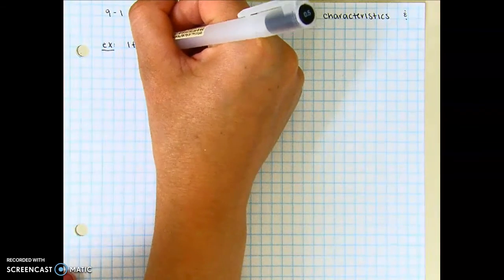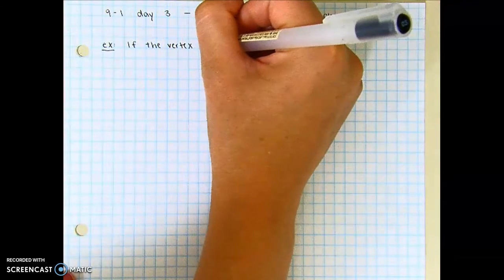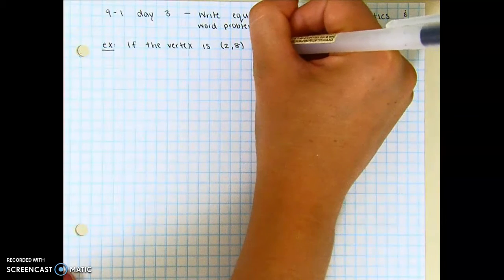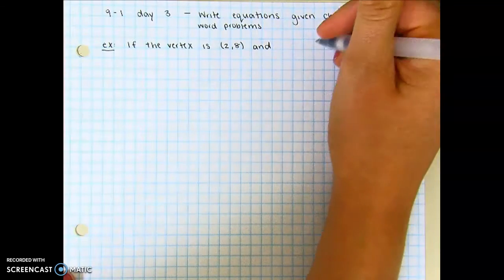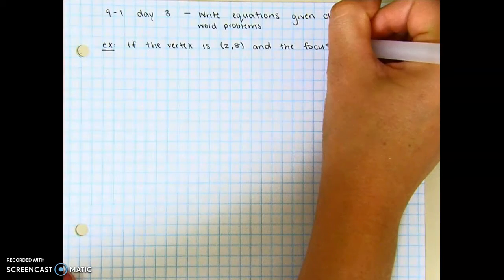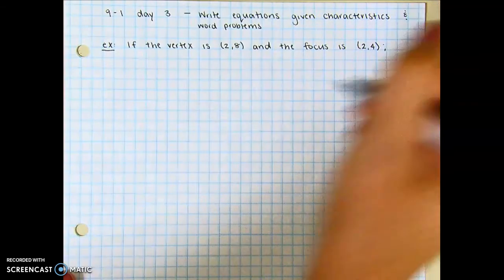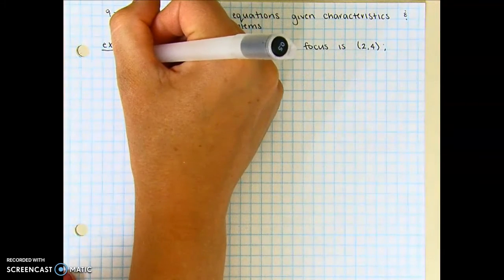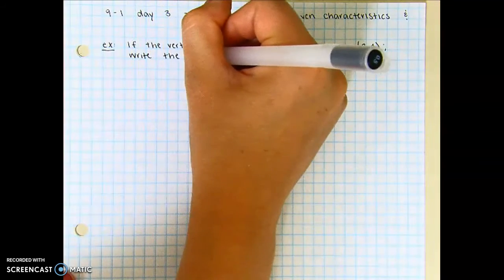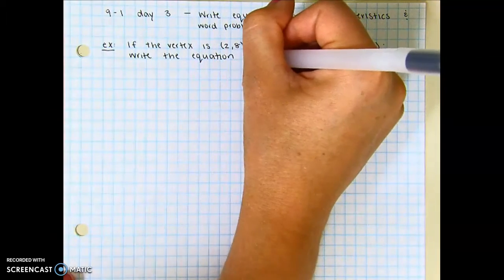If the vertex is (2, 8), and the focus is (2, 4), what is the equation? So we'll say write the equation for this parabola in standard form.